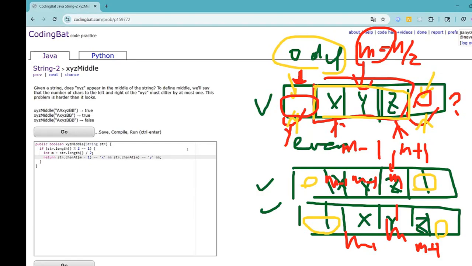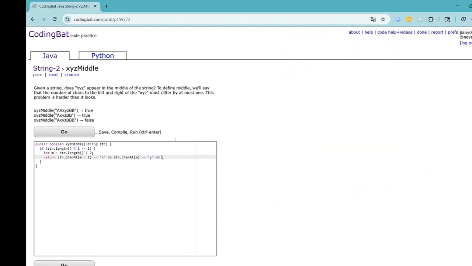But once you go to an even number, that's not the case. You don't know how long the right side or left side is. So calculating that is wasting time. You just find out what m is. m is n divided by 2, and you can find this one already. Why do you need to bother to look at the size? I don't get it.